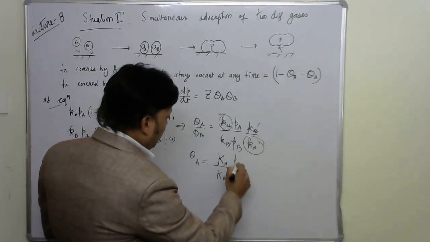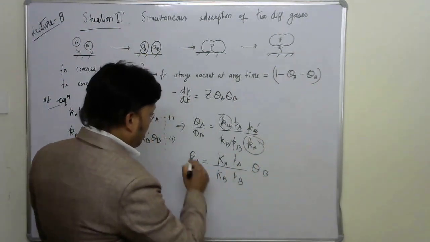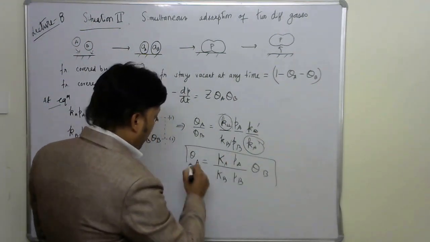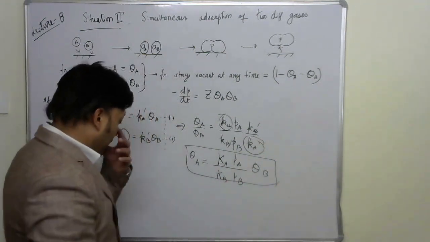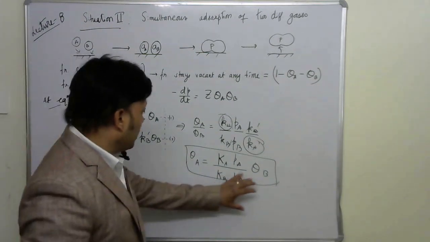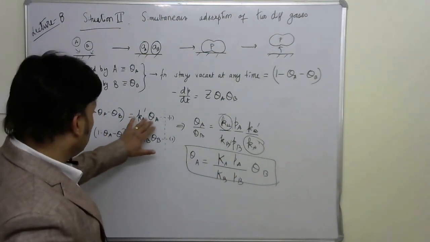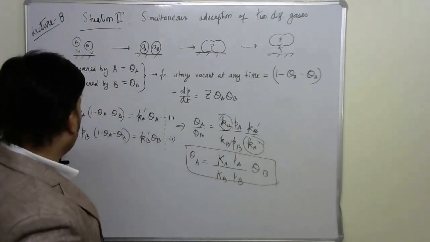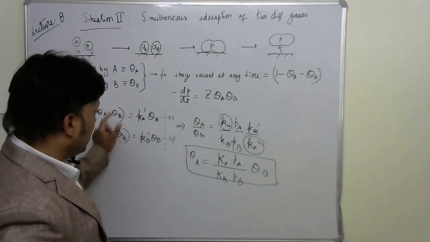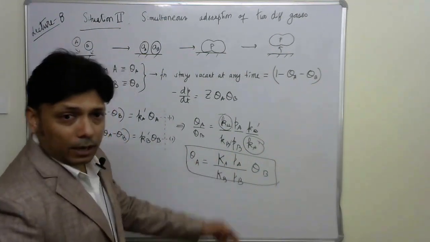And then we have Pa divided by Pb, multiplied by theta B. So here we have now got an expression of theta A in terms of theta B, isn't it? If we now substitute the value of theta A with this one, and then solve for theta B, we get the expressions for both theta A and theta B.